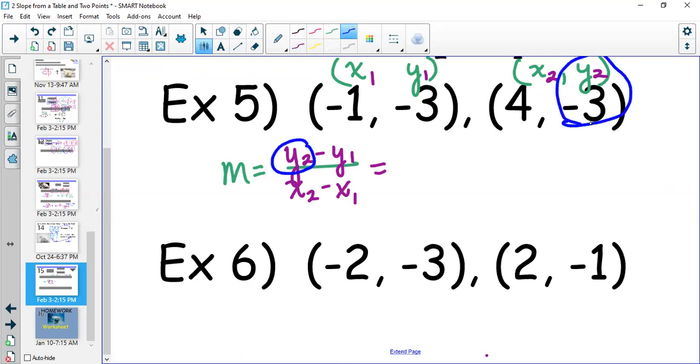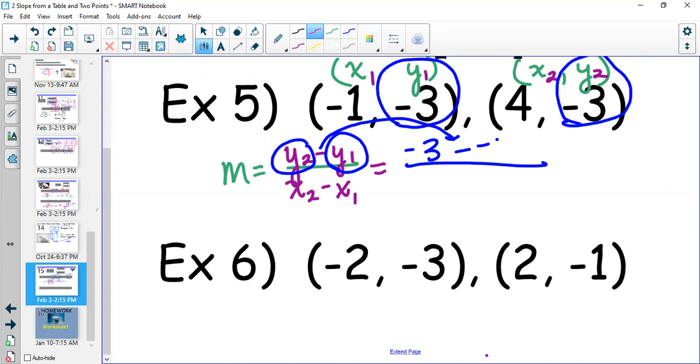So second Y is -3, and I'm going to subtract, because remember I have a subtraction sign there. And then I have Y1, which is also a negative, so I'm going to have that double negative. And I know that a double negative turns into a giant positive. So -3 plus 3 is 0.